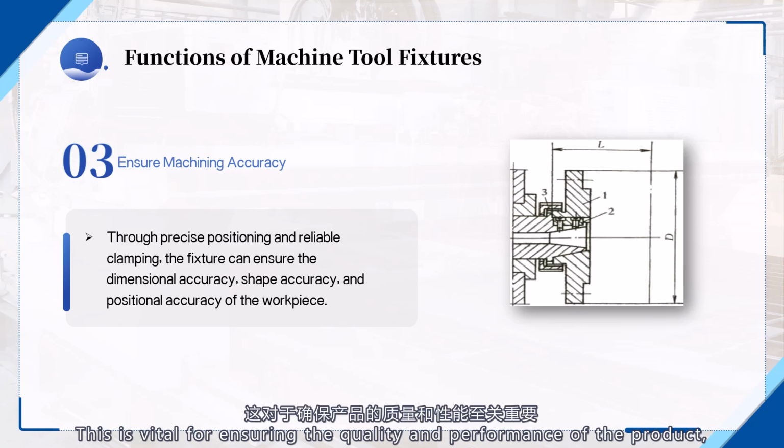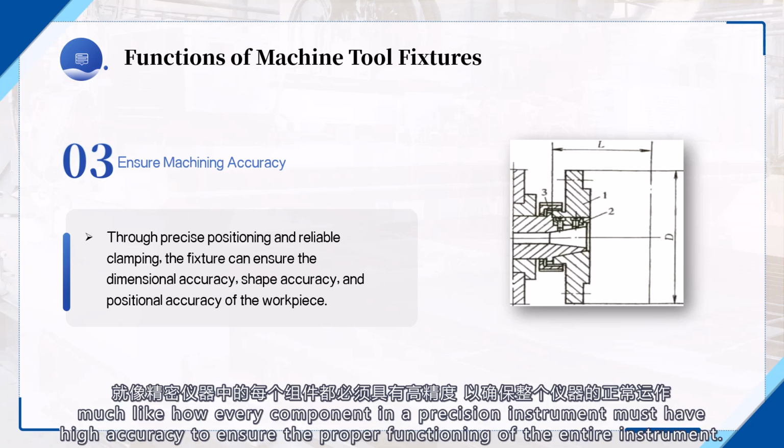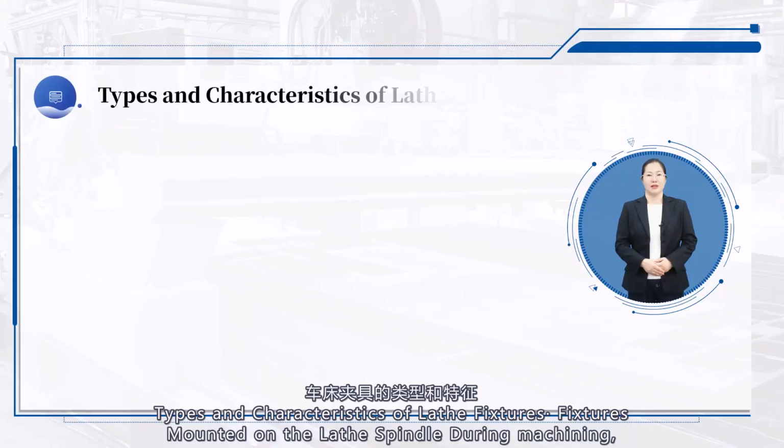This is vital for ensuring the quality and the performance of the product. Much like how every component in a precision instrument must have high accuracy to ensure the proper functioning of the entire instrument. Types and characteristics of lathe fixtures.